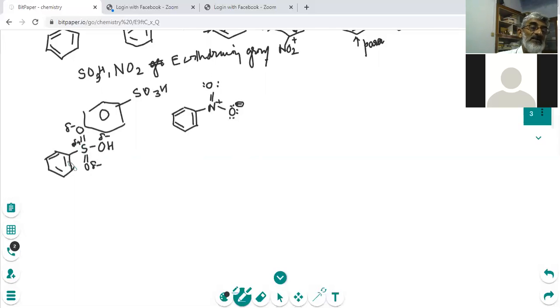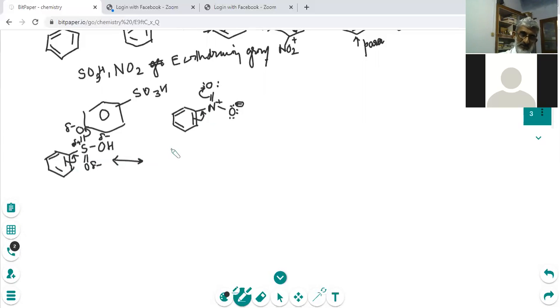Now see here. The same way as we have drawn here, where we started with this, similarly you start with this. Do the same thing. See here, this pair of electrons is moving towards this nitrogen. Similarly, do the same thing here. Now draw all the resonance structures of this molecule.